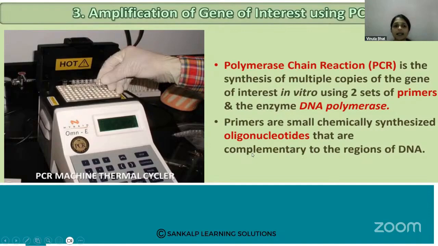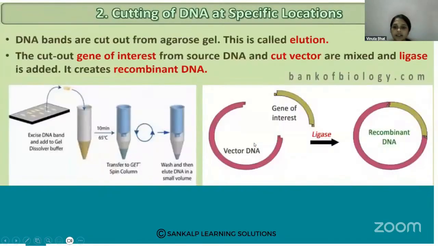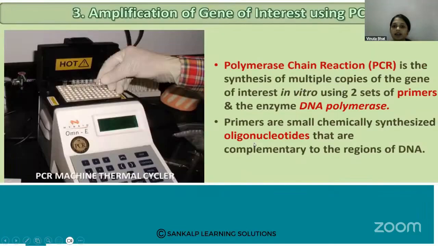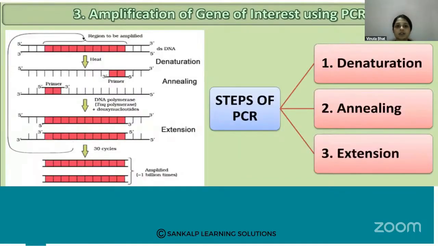So here we have only a few copies of the gene of interest. So we should multiply the gene of interest. That is the amplification process. This PCR involves three steps.